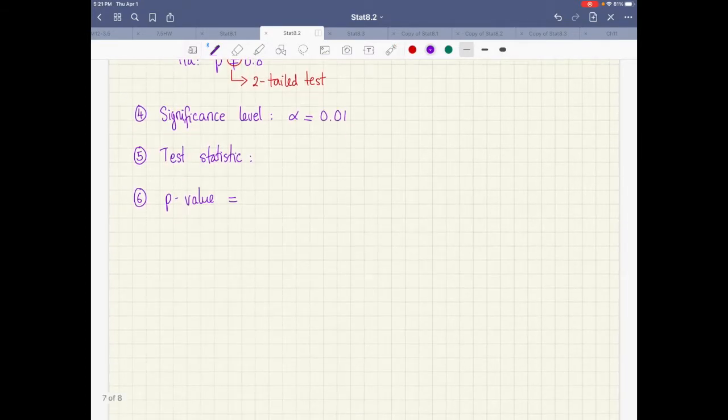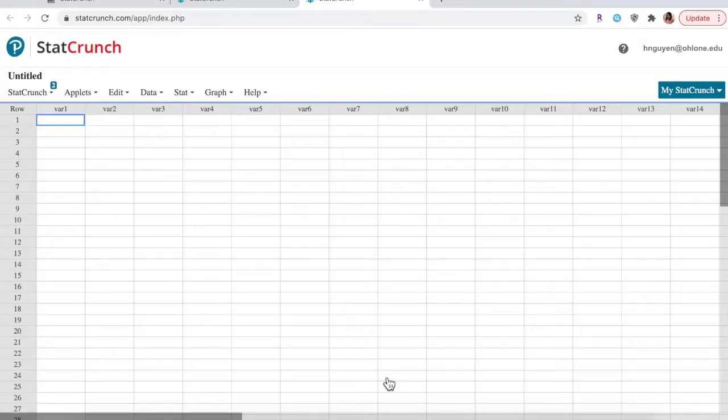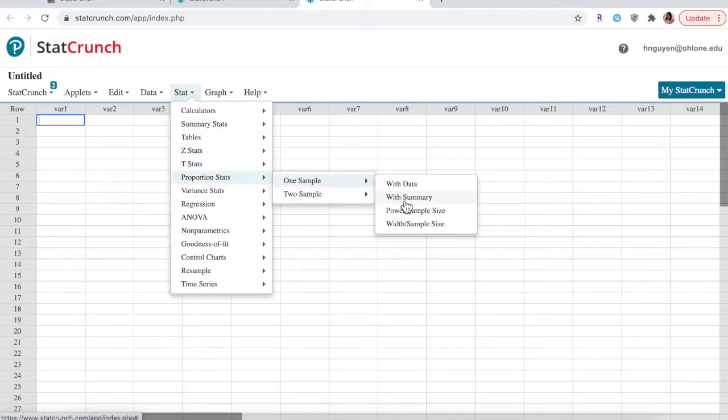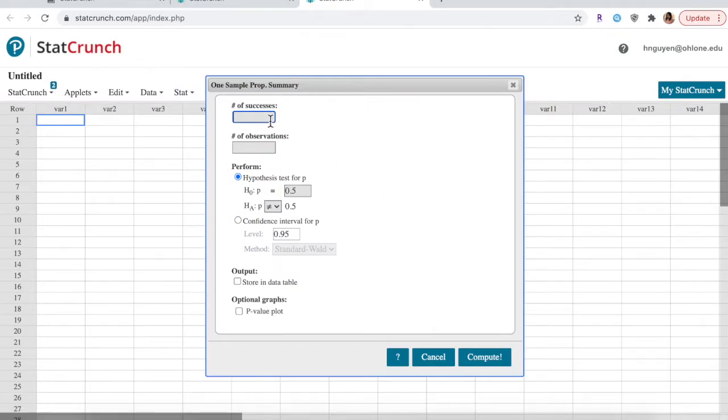For steps 5 and 6, where I look for the test statistic and p-value, I am going to use StatCrunch for these two numbers. Stat, proportion stats, one sample with summary. Number of successes is your x, 172.